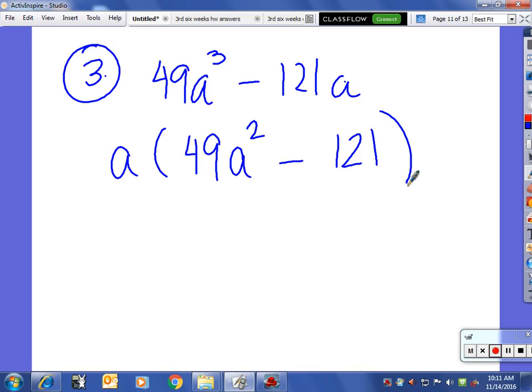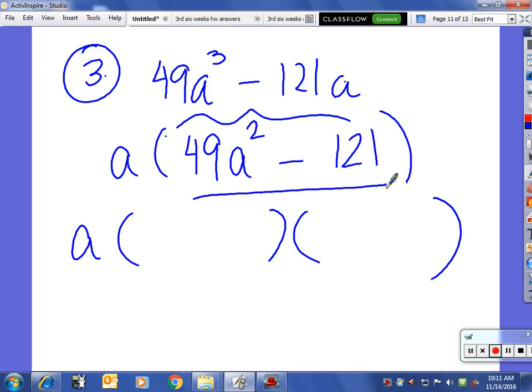Plus, hopefully you're looking at those numbers going, hey, 49, isn't that a perfect square? Sure is. 121, isn't that a perfect square? Sure is. The B is missing and it's being subtracted. This is that special case of difference of 2 squares. So I bring down my A. And then how do I break this apart? 7a plus 11, 7a minus 11.